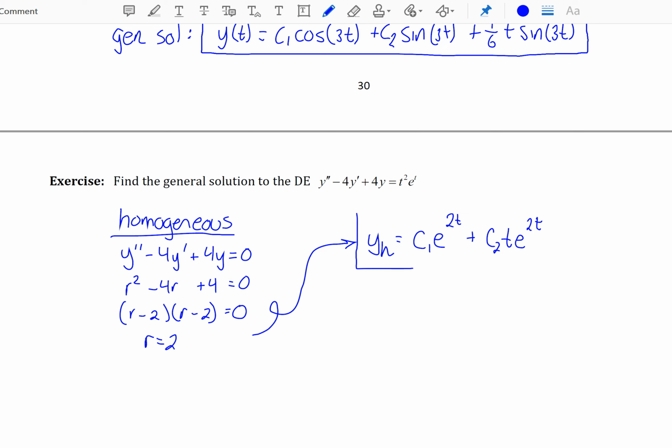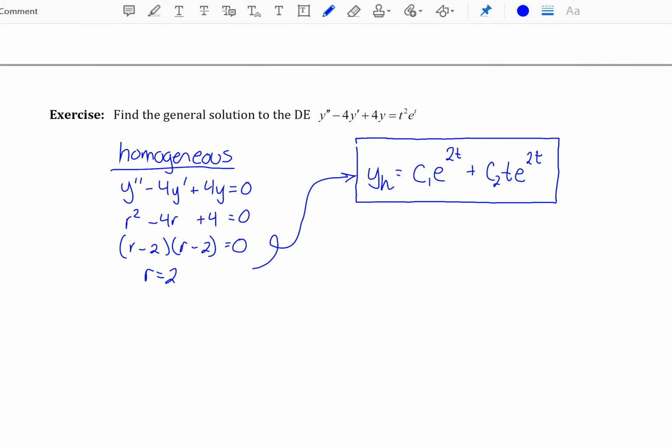So this is your homogeneous solution. Okay, now let's go look for our non-homogeneous solution.